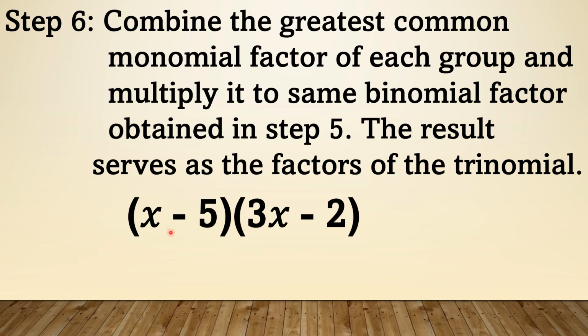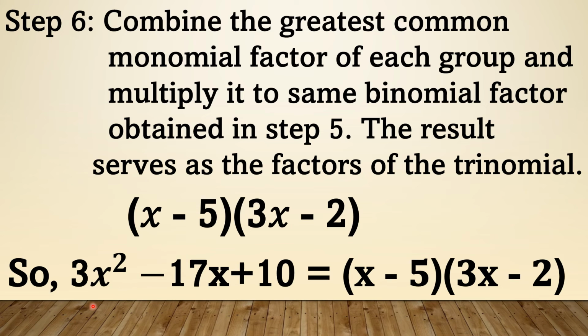Then we're going to multiply that to the same binomial factor which we have obtained in step 5, which is the quantity of 3x minus 2. So the complete factored form of 3x squared minus 17x plus 10 is equal to the quantity of x minus 5 times the quantity of 3x minus 2.